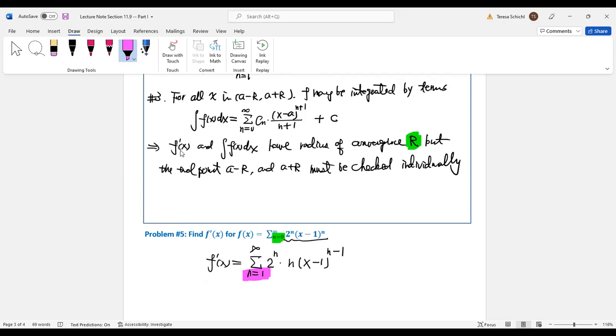Okay, so this is a very short video, and we do need this for our next topic, which is how to use the integration and the derivative to find the power series by manipulating the geometric series. We know how to find the power series from the geometric series here.